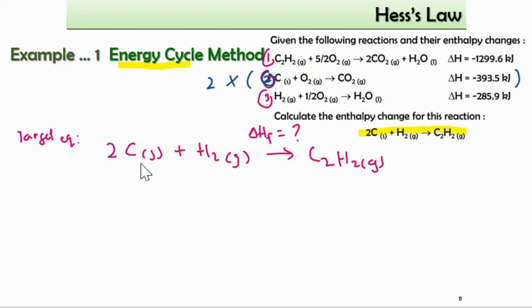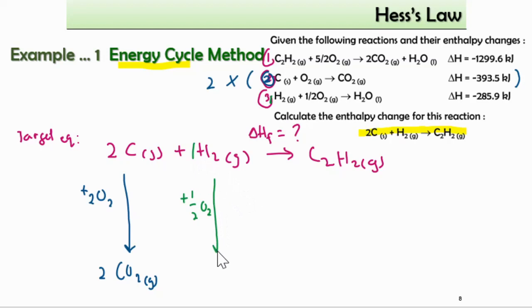So now kamu akan ada 2 carbon plus 2 oxygen, kamu akan dapat CO2 gas 2 mole. Okay, and then the next one kita tengok hydrogen pula. So for hydrogen, hydrogen plus 1/2 of your oxygen. Okay, since dia 1 mole, sini pun 1 mole, so tak perlu darab lah. So kamu akan hasilkan H2O liquid.